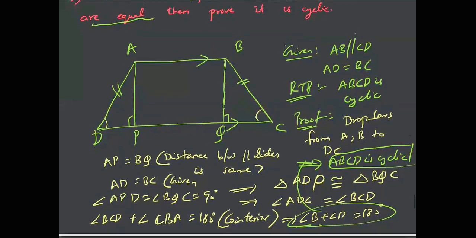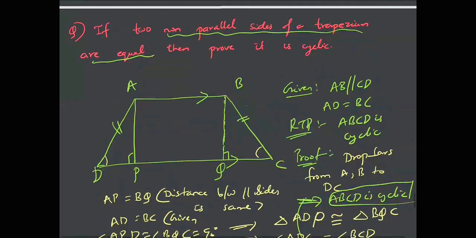So if in a trapezium the non-parallel sides are equal, then it is a cyclic trapezium. A trapezium in which non-parallel sides are equal is called an isosceles trapezium. So it is equivalent to saying that an isosceles trapezium is cyclic.